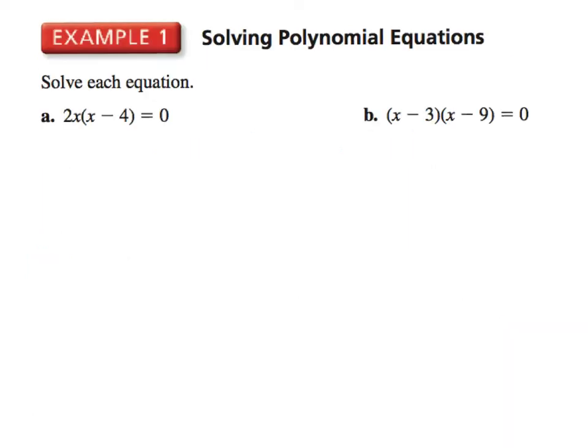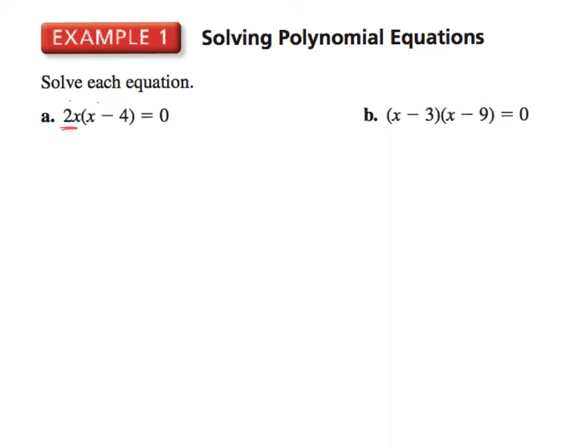So, example number 1, solving polynomial equations. Notice right here that you have an equation that has two polynomials equal to 0. This is your a, this is your b. One of these has to be 0.